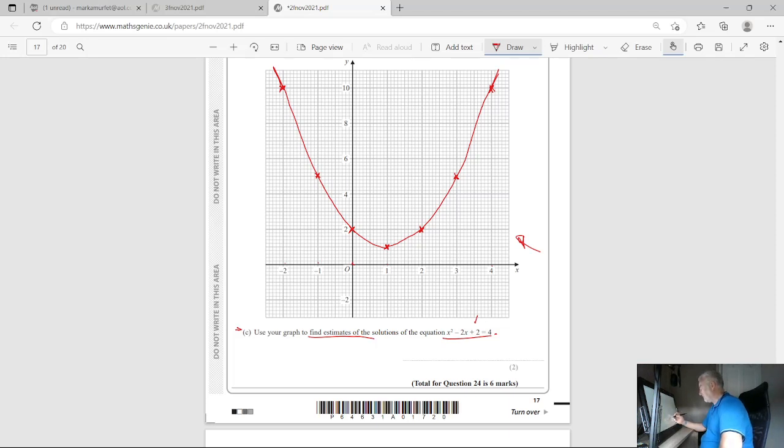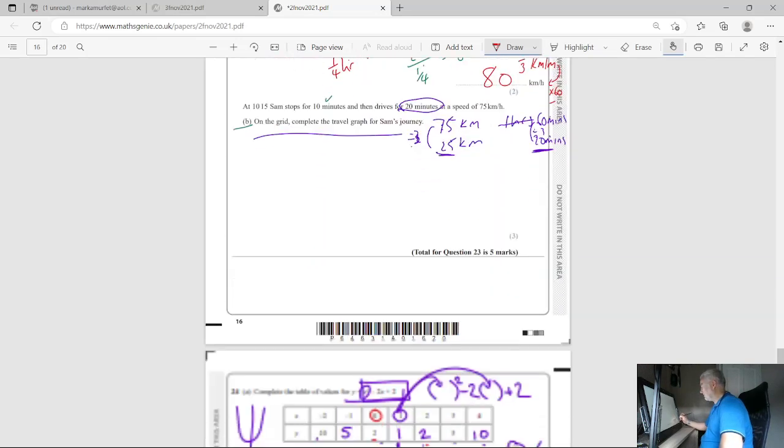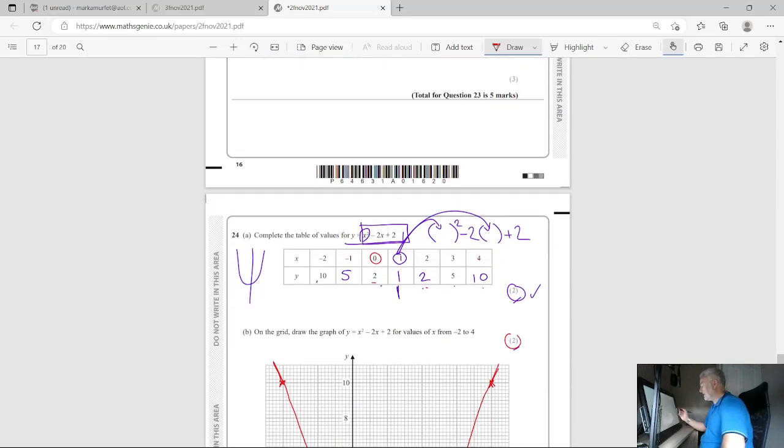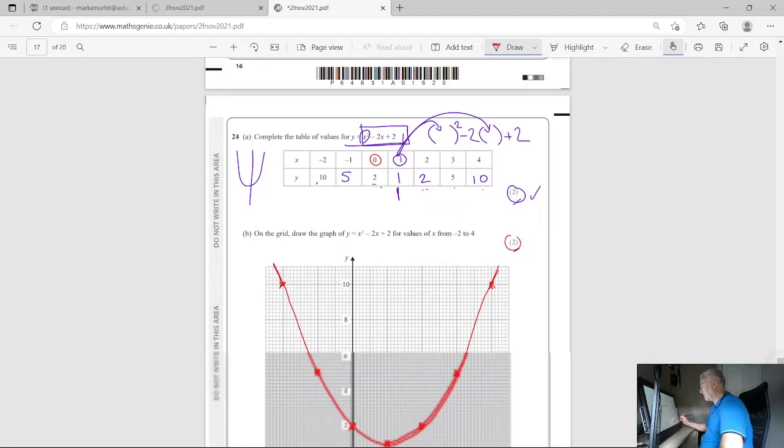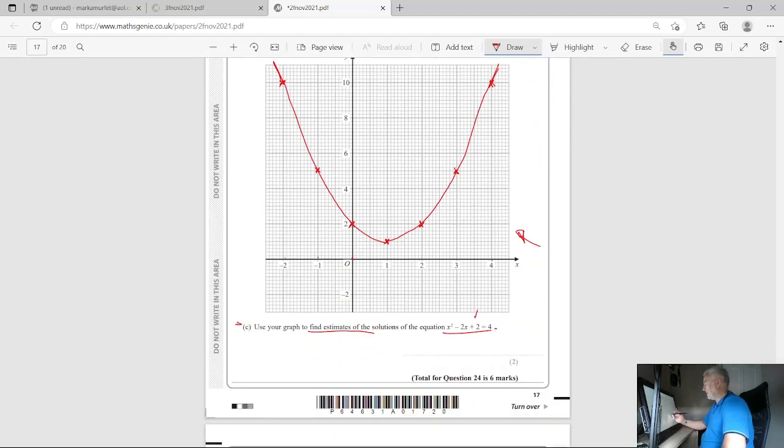That's what y equals at the minute. Y equals 4. So when we're coming down here, what does x equal when y equals 4?